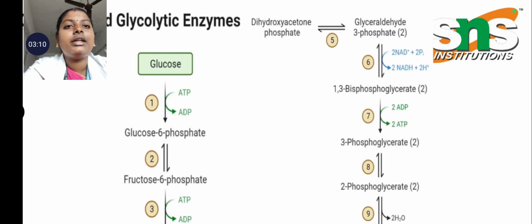Further, dihydroxyacetone phosphate and glyceraldehyde 3-phosphate are converted into 1,3-bisphosphoglycerate. Here ADP is used where ATP is generated.